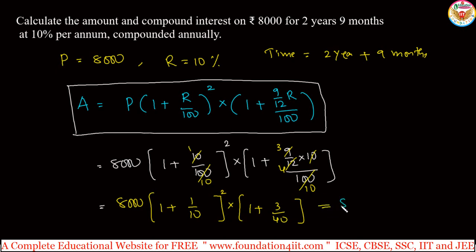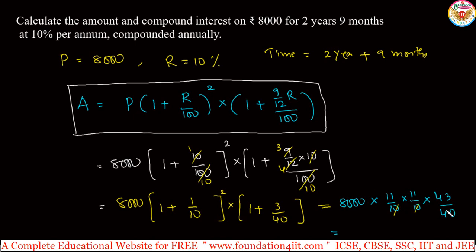That means 8,000 into (11 by 10) whole squared into (1 plus 3 by 40), which is 43 by 40.